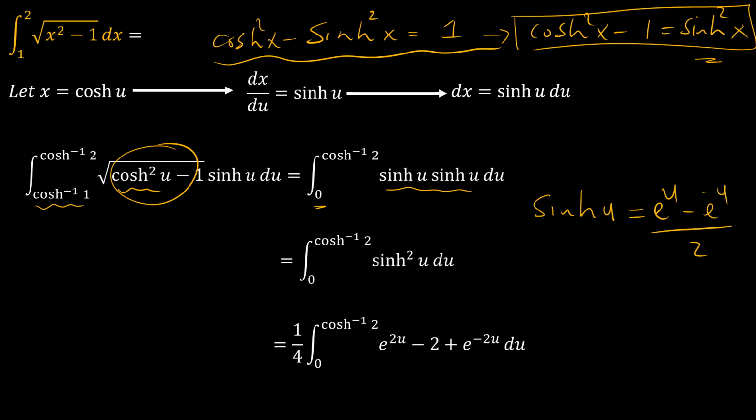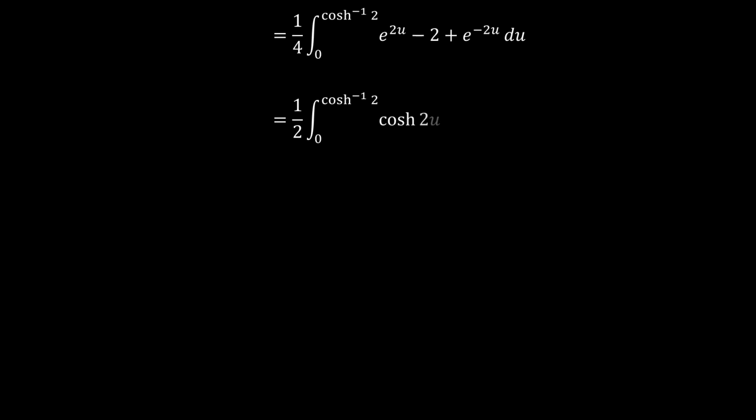When you square that, we get this divided by 4. Then we can bunch this together so that we have a half of hyperbolic cosine of 2u minus 1, because of the 2 divided by 2 that we've taken up from this quarter.